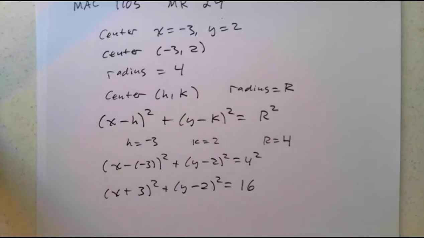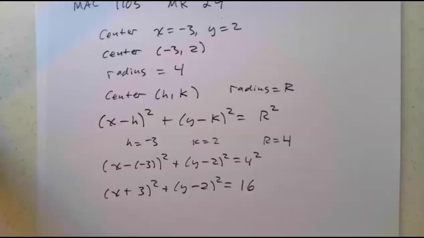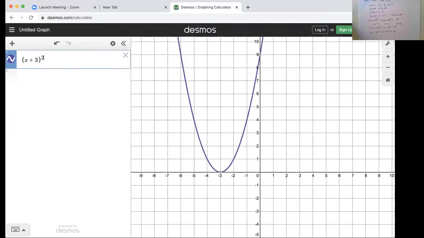So remember, this is what we want it to look like, right? Center -3, 2 with a radius of 4. So let's ask Desmos to graph this for us. X plus 3 squared plus y minus 2 squared equals 16.